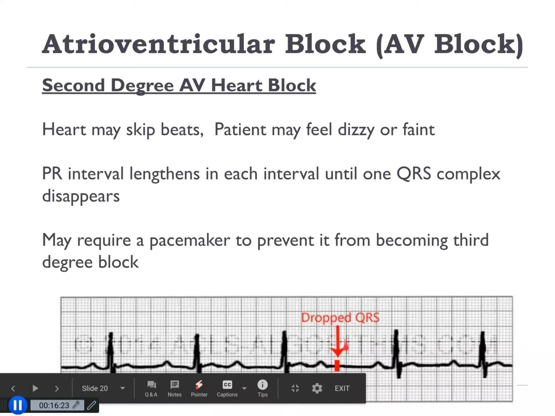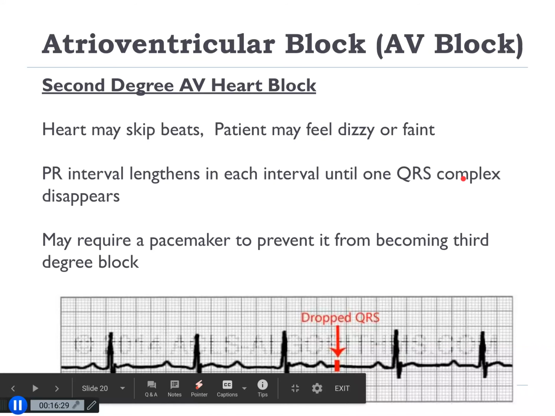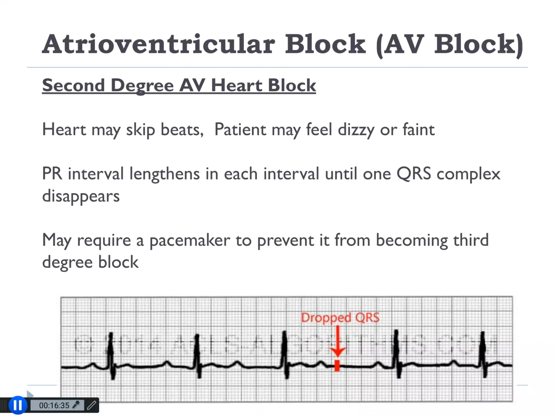And then it might go back to normal right after the dropped QRS. So this can often be treated with a pacemaker to help kickstart the heart wherever it's getting blocked, and then prevent it from becoming worse, or prevent the patient from actually fainting and hurting themselves or somebody else.